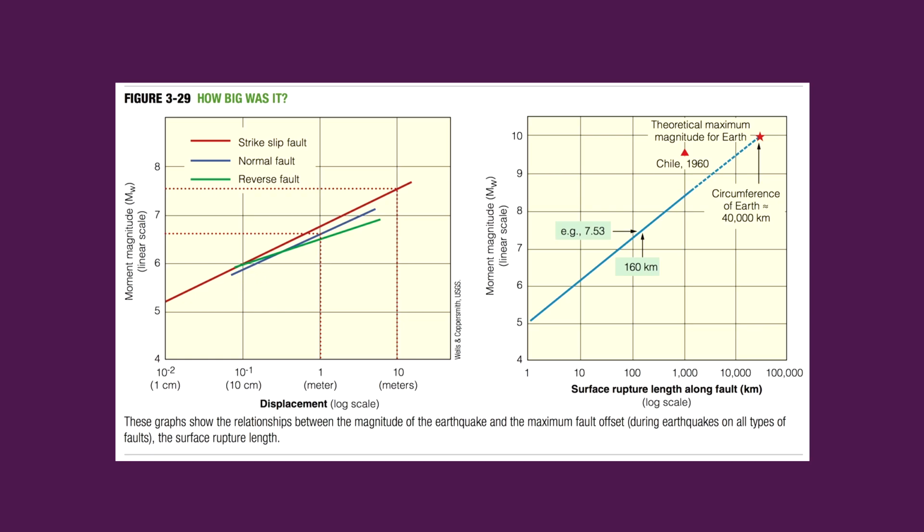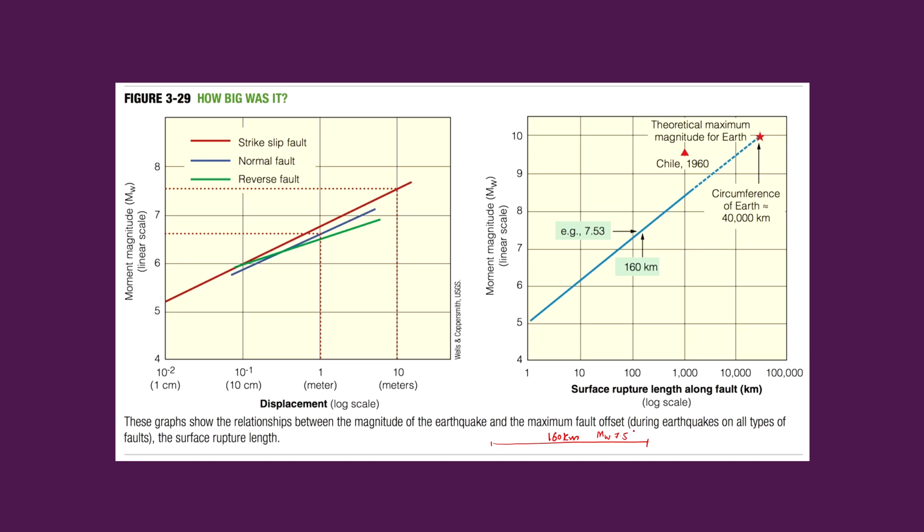For example, a 7.5 magnitude earthquake will have a surface rupture length, that is the length on the surface, of around 160 kilometers. If you have 160 kilometers of rupture, then the magnitude would be around Mw 7.5.